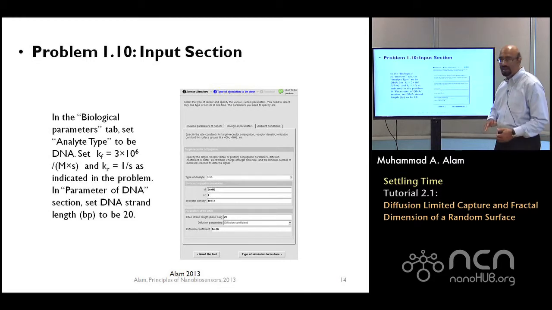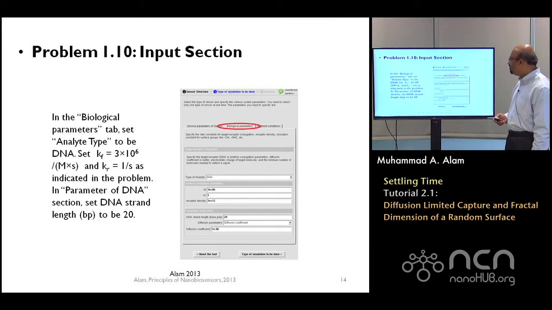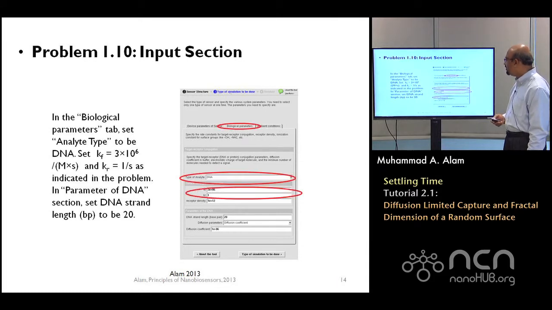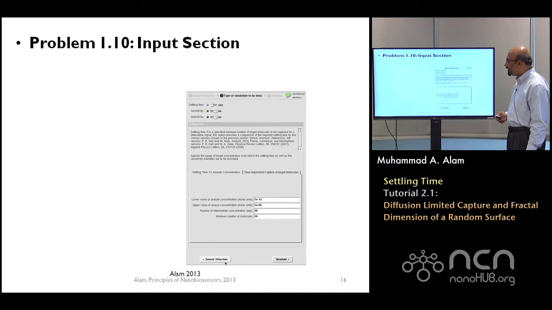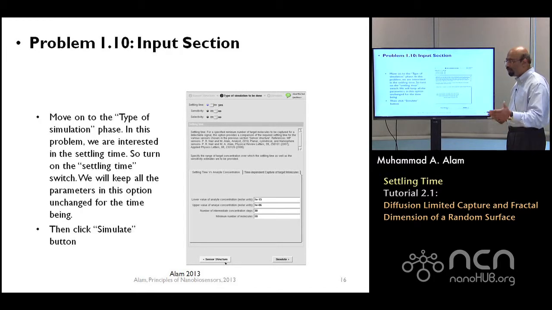The values that you don't know, you can keep at default. And then you did the simulation. The simulation was done at the ambient condition at 300 degrees C, because diffusion coefficient and other things there do depend on those.